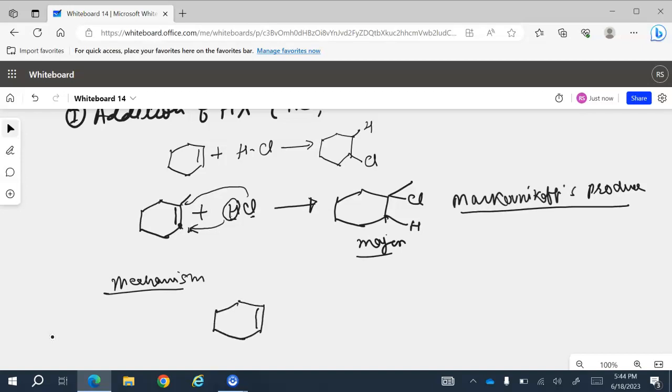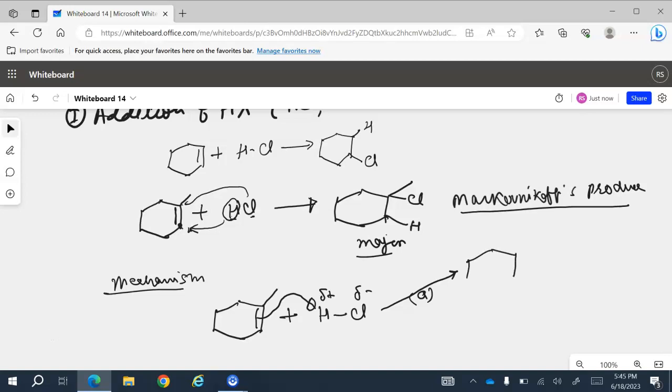We have here a double bond. Now we are reacting with HCl. So hydrogen is slightly positive and chlorine is slightly negative. So the double bond as a pi bond will attack the slightly positive hydrogen. So in path A, say we are adding hydrogen to this carbon that has the larger number of hydrogen.